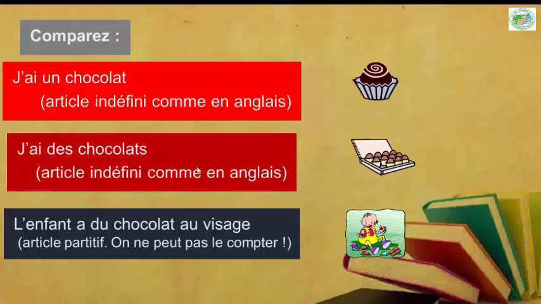We can't count how many pieces of chocolate he put on his face or he didn't eat. Okay, so if you're talking about a singular, you're using un or une. If you're talking about many, you're using des. If you're talking about the quantity or a part of that kind, you're using des articles partitifs. Ok, c'est compris?